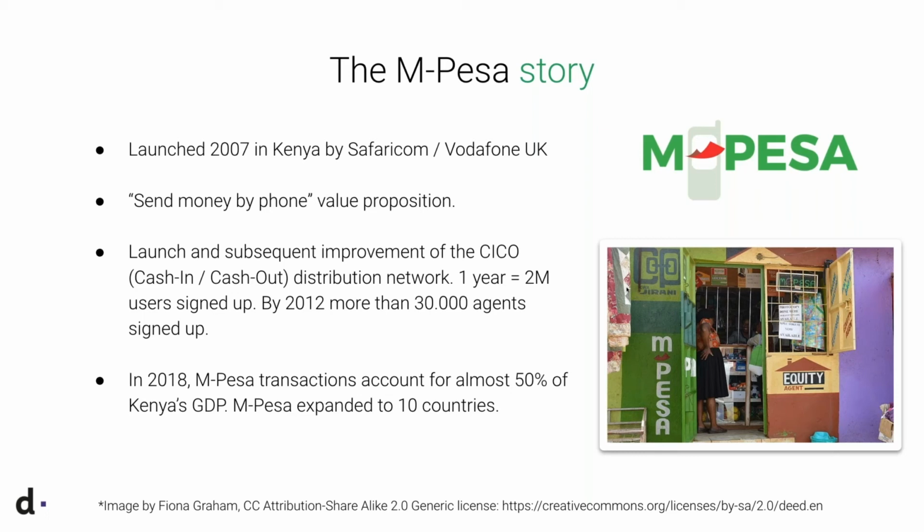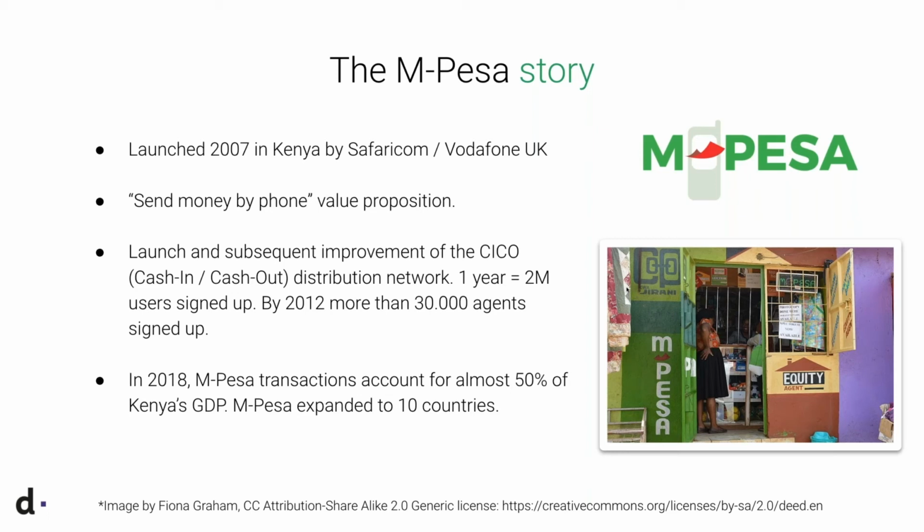So this message really captured the imagination of the population at the time. To illustrate how quickly it caught on, the platform launched in 2007 with 0 users, and in just 1 year, they managed to get a total of 2 million users signed up.